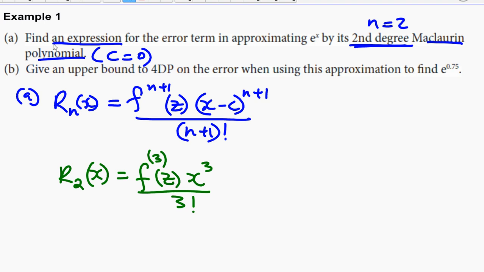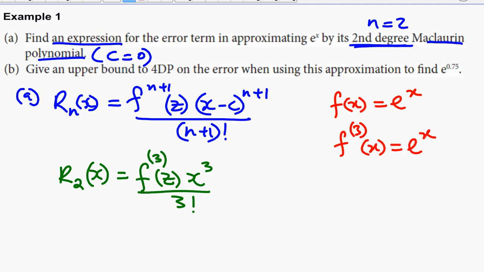Now, we know that f of x is equal to e to power x. So the third derivative of e to power x is just e to power x, which means that the value of the third derivative at z will just be e to power z. All right.